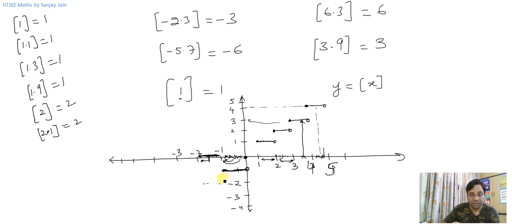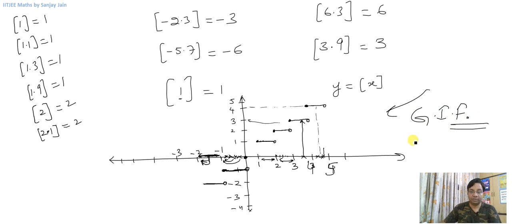Similarly, between minus 1 and minus 2, the greatest integer less than these values will be minus 2. Okay, so here I'll put an open circle and then this line. Alright, I hope this is the graph that you have understood for the greatest integer function.